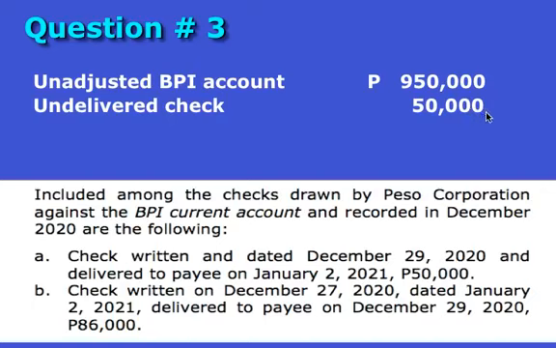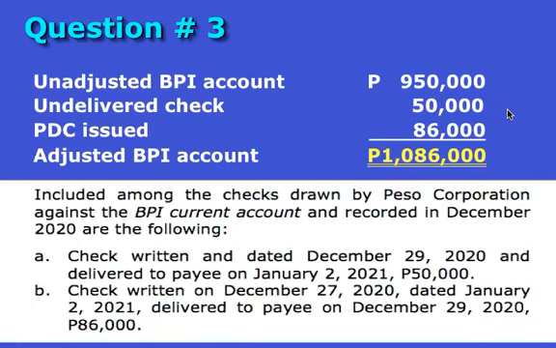Undelivered, unreleased check, no payment yet. Letter B, check written December 27, post-dated, delivered already to payee December 29. Dahil post-dated yung check, wala pang payment. Still part of cash, so add 86,000. Part pa ng cash yan and accounts payable.